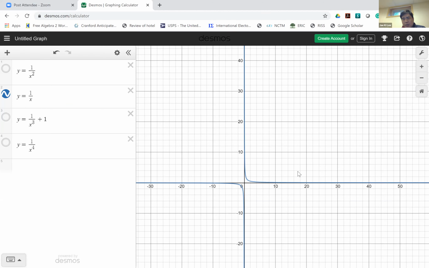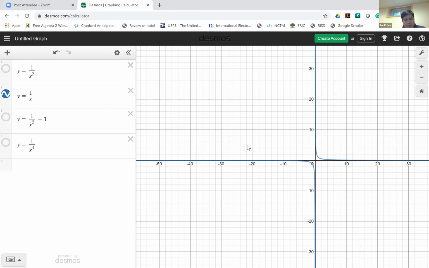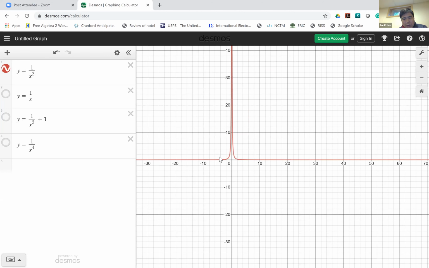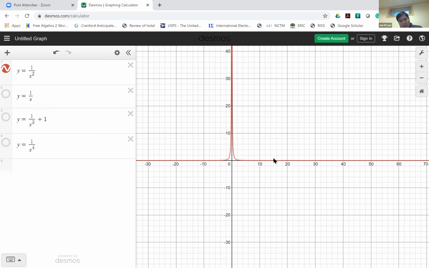Even this one too, it never crosses that y equals 0 either. So still vertical asymptote x equals 0, horizontal asymptote y equals 0.